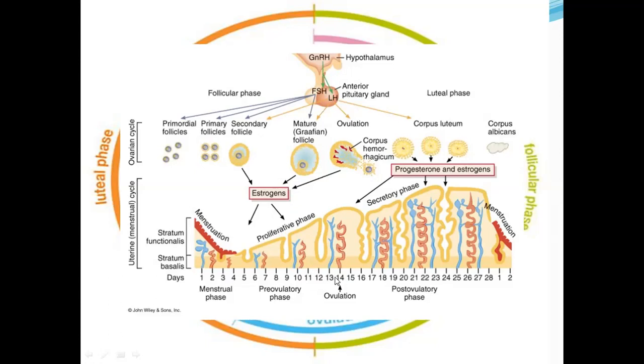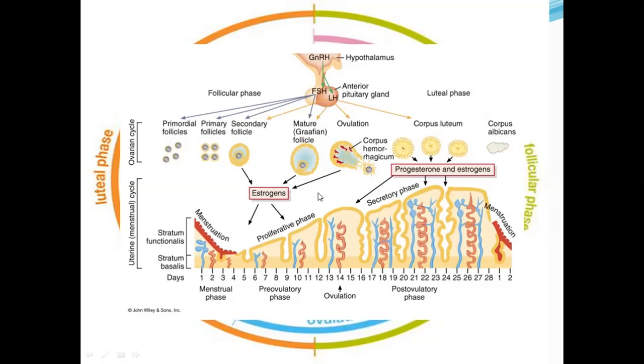Now, on day 14, like you can see here from day 1 up to day 14, there is FSH and estrogen hormone, right? But what happened on day 14? There is a sudden increase in estrogen and follicle stimulating hormone, but estrogen increases more as compared to follicle stimulating hormone.